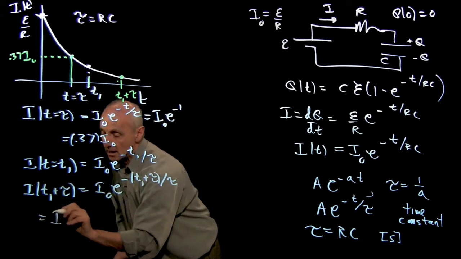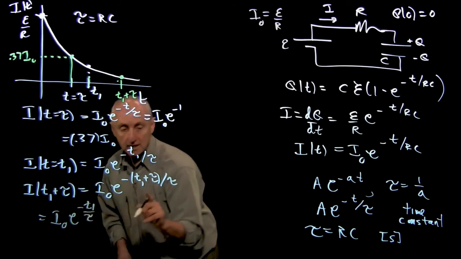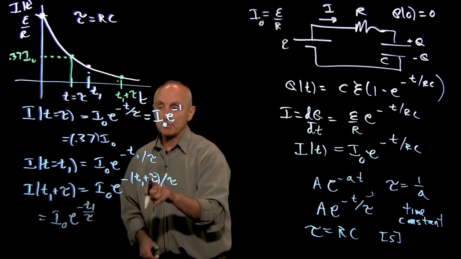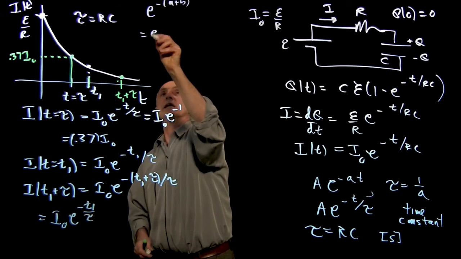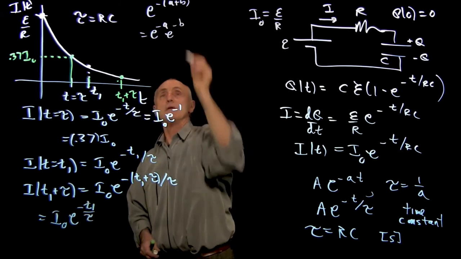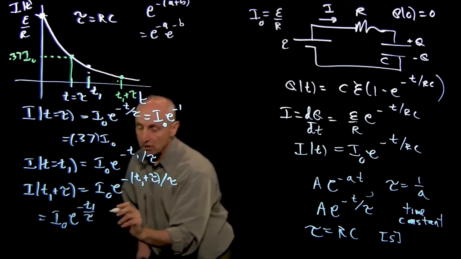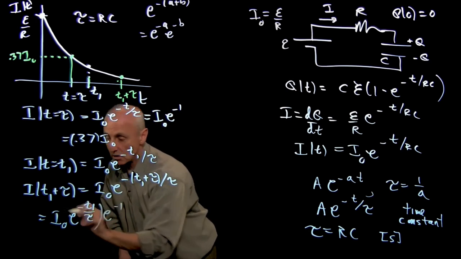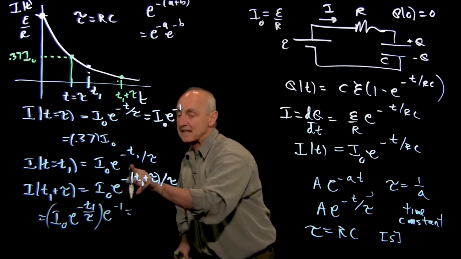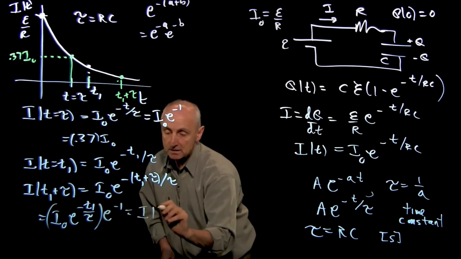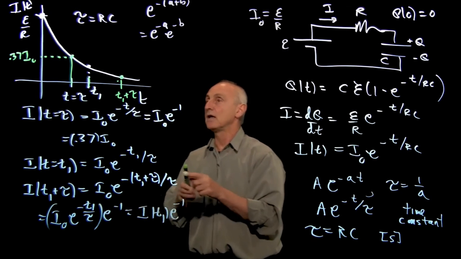And I can write that as I naught e to the minus t1 over tau, since e to the minus a plus b is equal to e to the minus a, e to the minus b. And the other term is minus tau over tau, so that's e to the minus 1. Now, what is this first term? Well, that's exactly the current at time t1 times e to the minus 1.